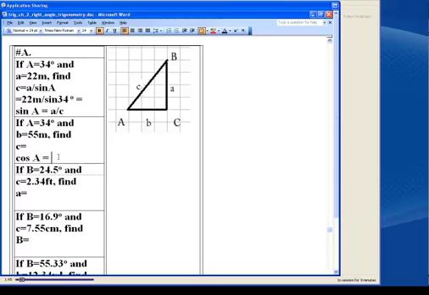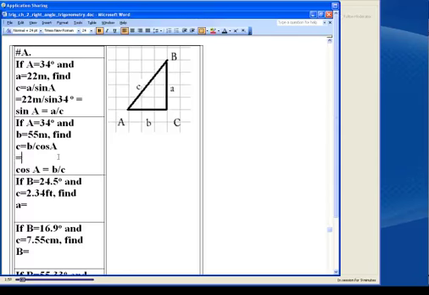Cosine A equals b over c, and then c equals b divided by cosine A. That is 55 meters divided by cosine of 34 degrees. Again, I'll write this down here on the side so I won't forget what to do.